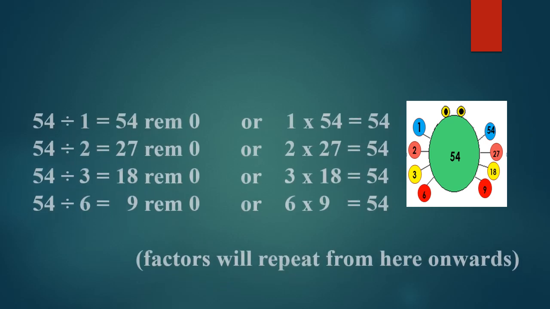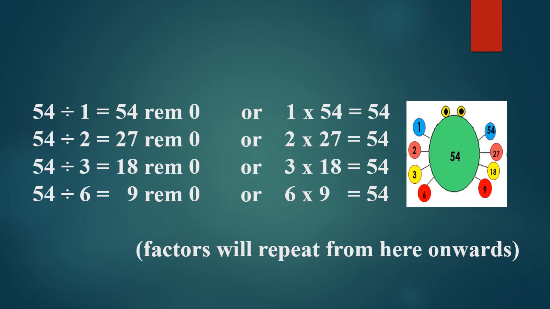When 54 is divided by 2, the answer is 27 remainder 0, or 2 twenty-sevens are 54, giving us the information that 2 is another factor of 54. Now 54 divided by 3 is equal to 18 remainder 0, and we know that whenever the remainder is 0, we get a factor of the original number.